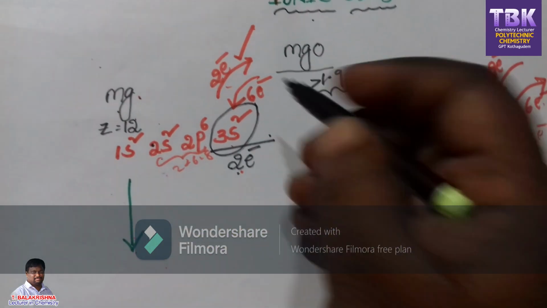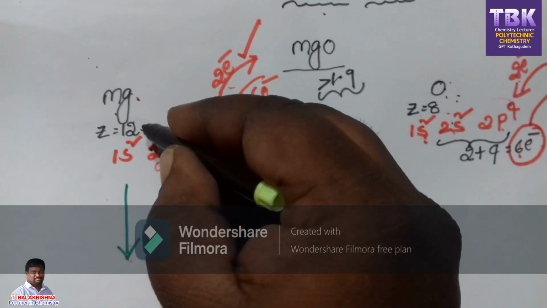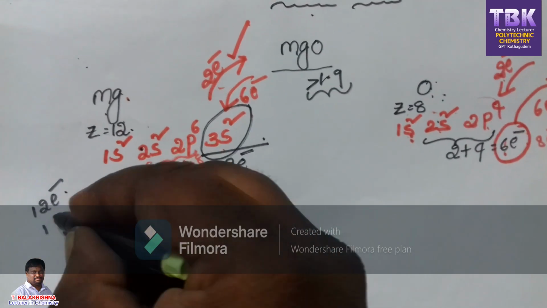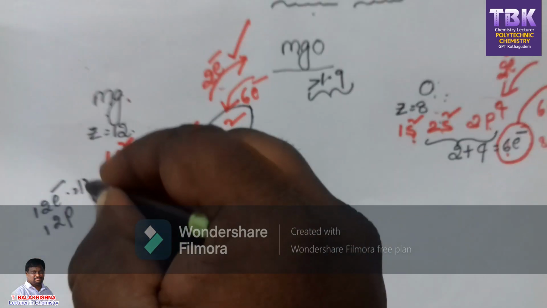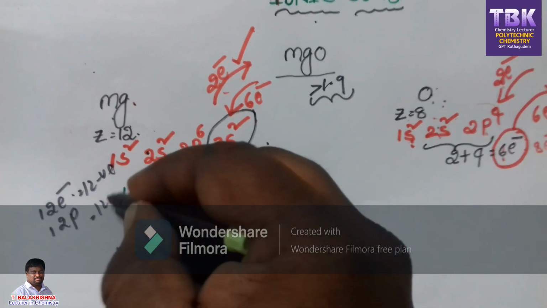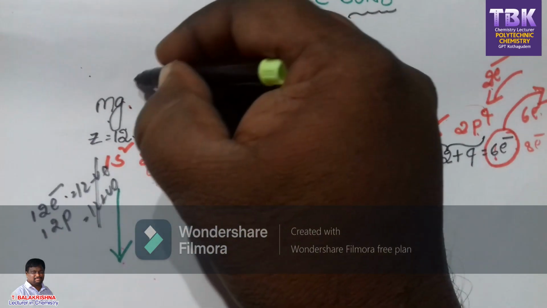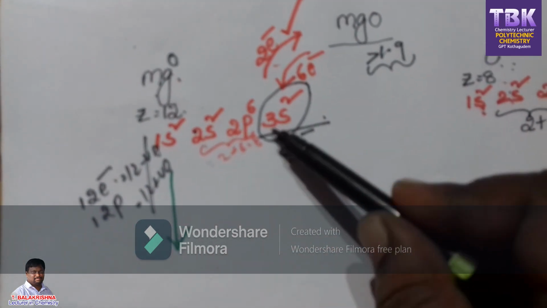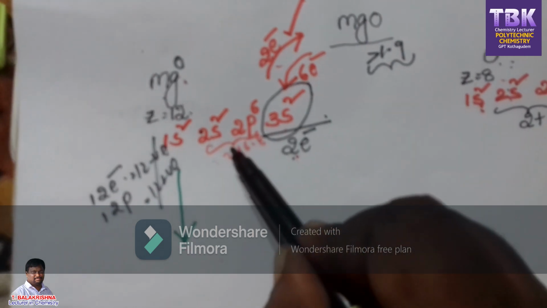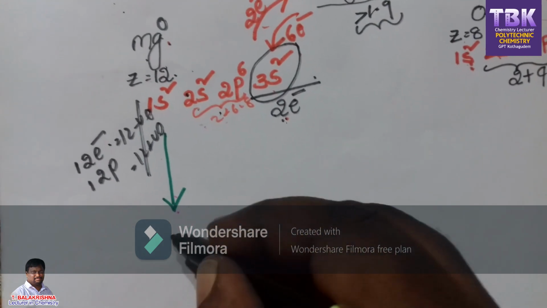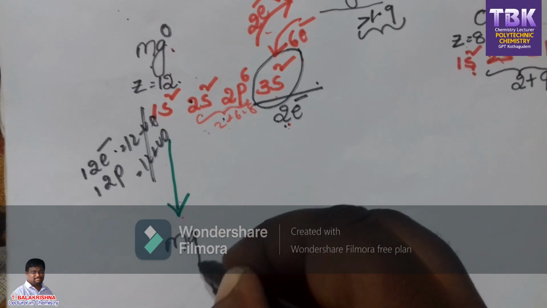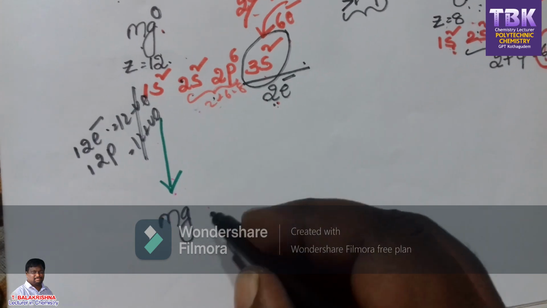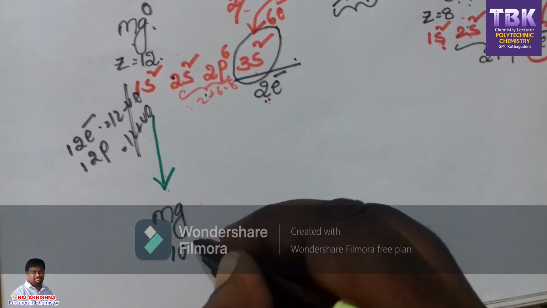Before it loses the electrons, the atomic number is 12. That means it has 12 electrons and 12 protons, means 12 units of negative charge and 12 units of positive charge. It is electrically neutral. But here magnesium is ready to lose 2 electrons to get the 8 electrons in outermost orbit. When it loses the 2 electrons, how many electrons does magnesium have? It has 10 electrons.